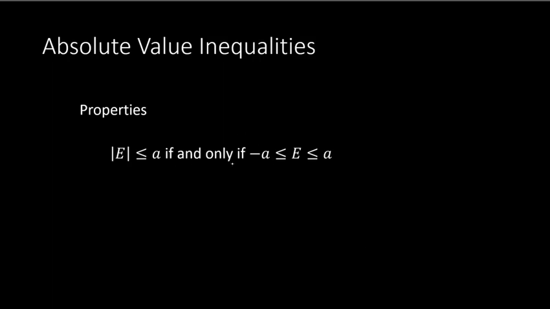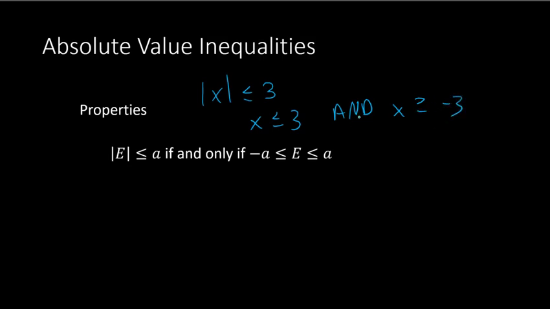Now this math notation is maybe a little bit confusing or abstract, but basically with an actual example, what we know is that if we have the absolute value of some variable, and that is less than or equal to, or just less than, some number. We'll just use number 3. What we know is that x is going to be less than or equal to 3, and then x is going to be greater than or equal to negative 3.